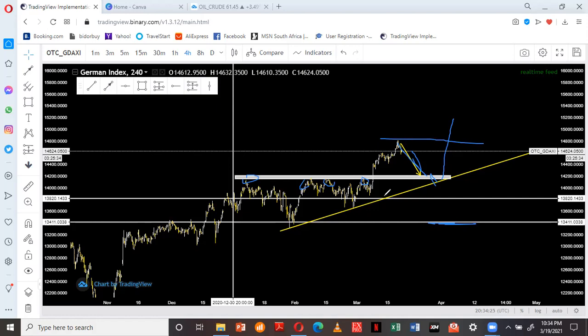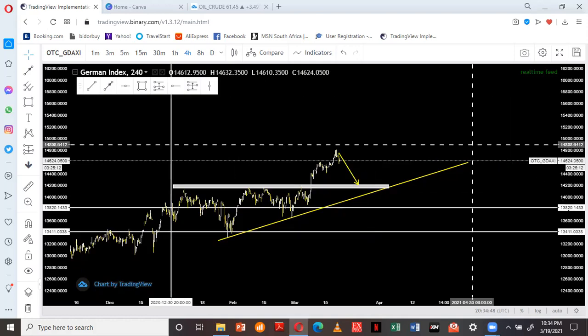Why? Because we are on a trend line. It will be sitting on a trend line, and we have a sensitive level of resistance there, which will become support. Now, I hope it makes sense. So we are expecting that.